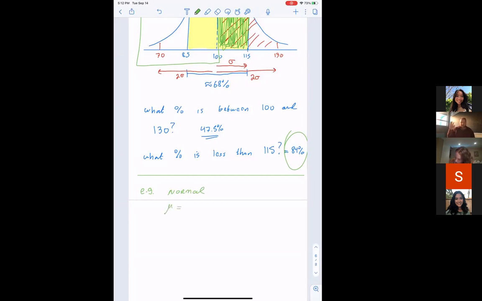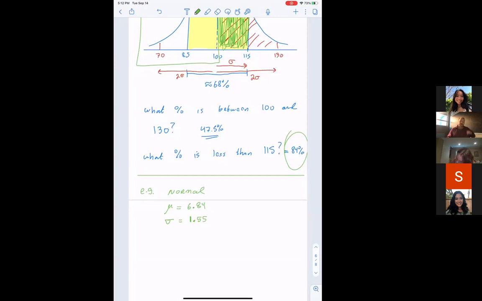Mu, and I don't even care what the context is, although every problem that you do will have a specific context, what exactly we're measuring. But numerically, we can do it without worrying about that right now. Suppose we have a situation where the mean is 6.84 and the standard deviation is 1.55. So we have a normal distribution with these parameters.